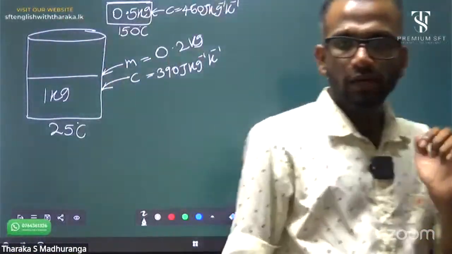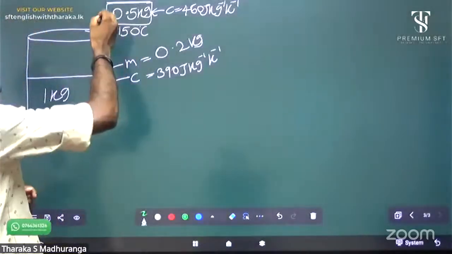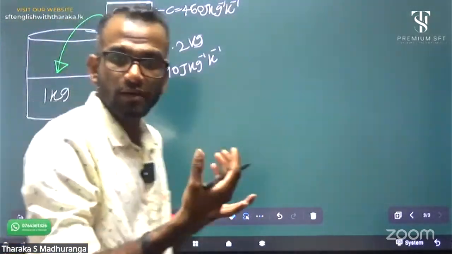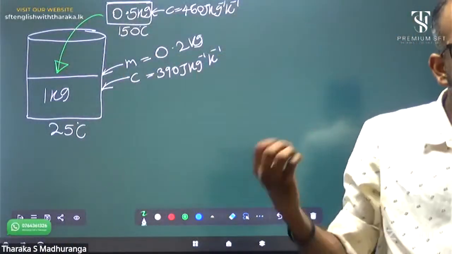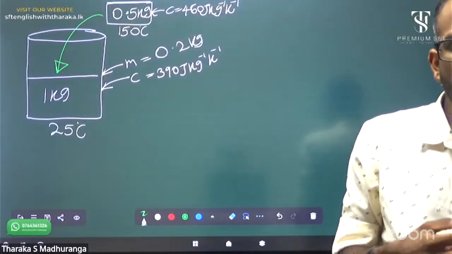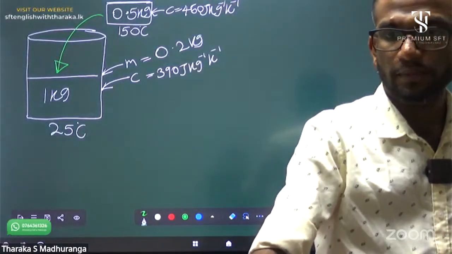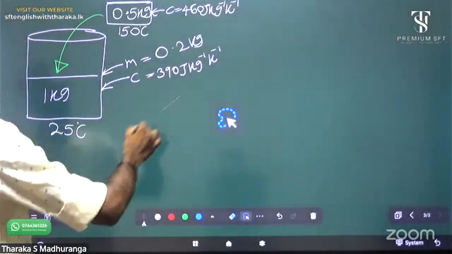Okay, now what happened? Who is releasing heat? The metal block, the iron block, the water, the calorimeter? Yes, the iron block is releasing heat. Then you can write down the equation.